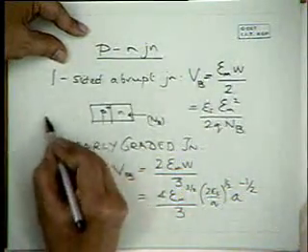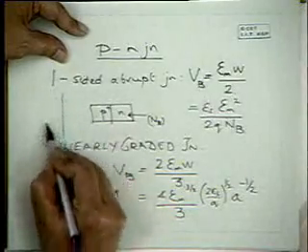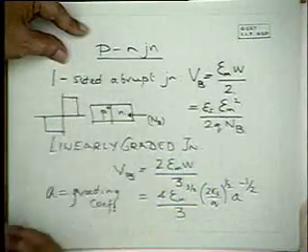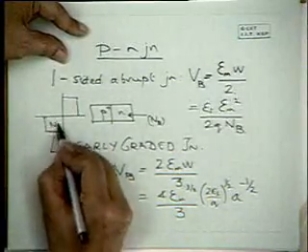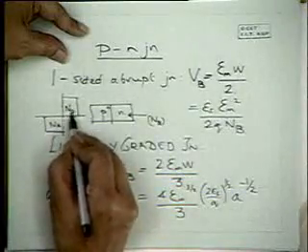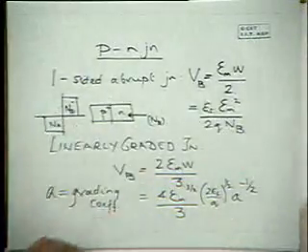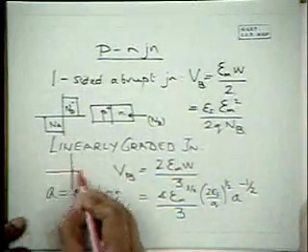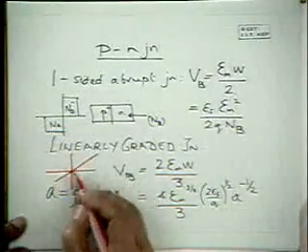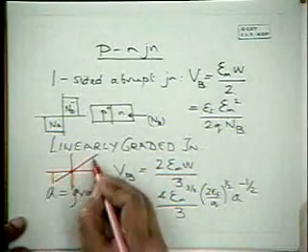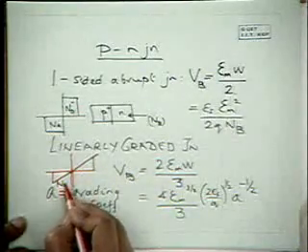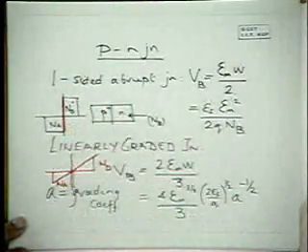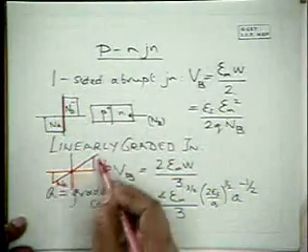Say this is acceptors, this is donors. This is an abrupt junction, and this is a linearly graded junction, and A is the slope of this grading.